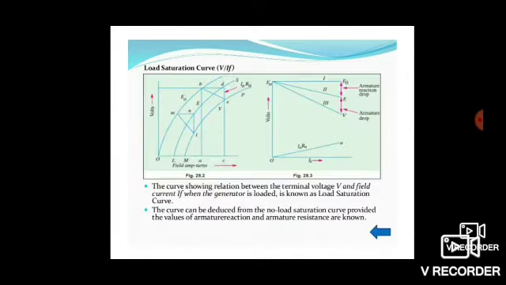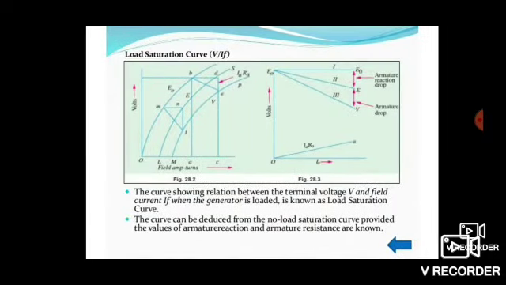Let us see the load saturation curve between V and IF. The curve showing relation between the terminal voltage V and field current IF when the generator is loaded is known as load saturation curve. Figure 28.3 gives the load saturation curve between voltage V and field current IF.